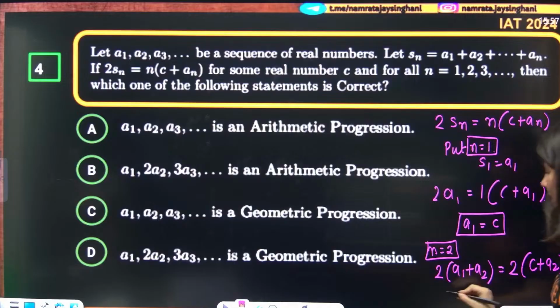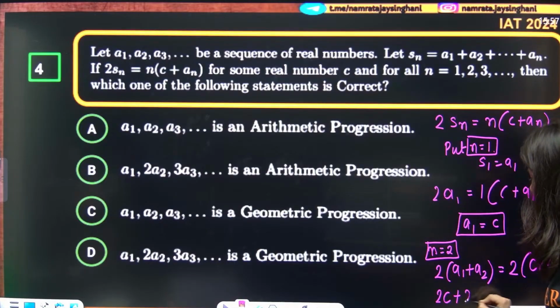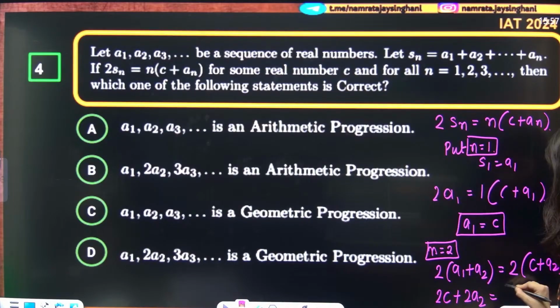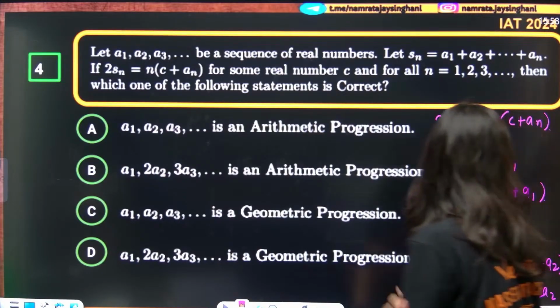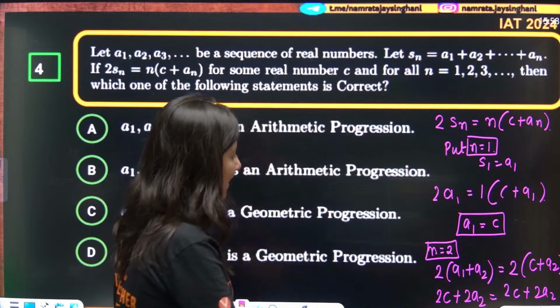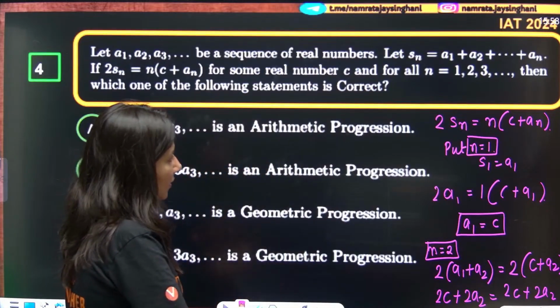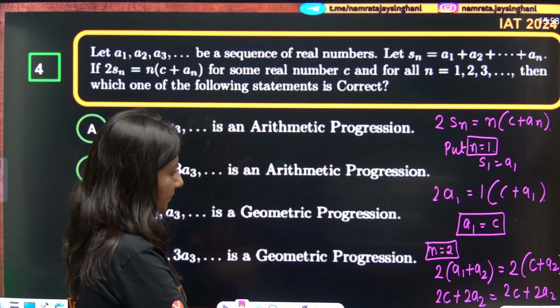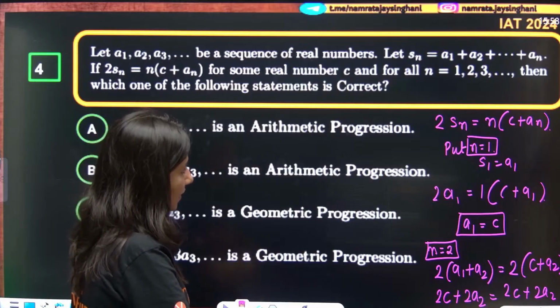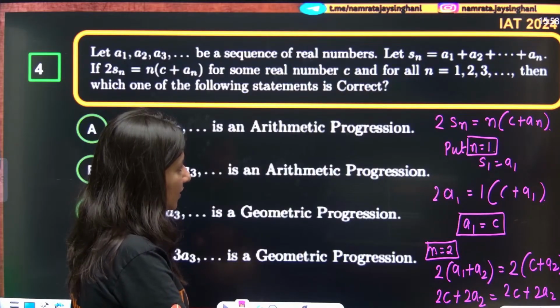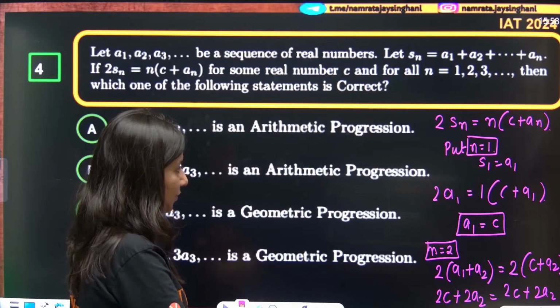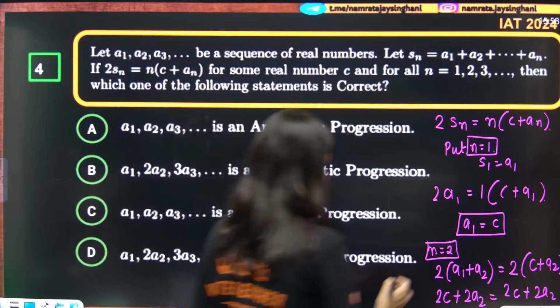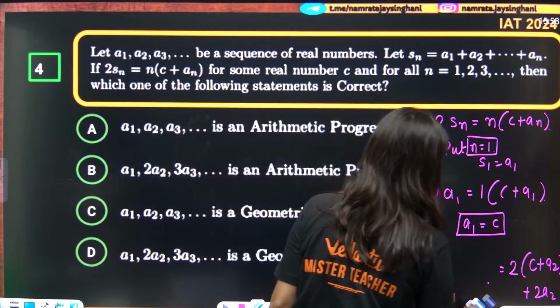A1 is nothing but C. So 2C plus 2A2 is equal to 2C plus 2A2. Okay, I am not getting anything out of this. So I think putting n equal to 2 is not helping me out. Yes, A1 is equal to C. If you put n equal to 2, you are not going to get anything.